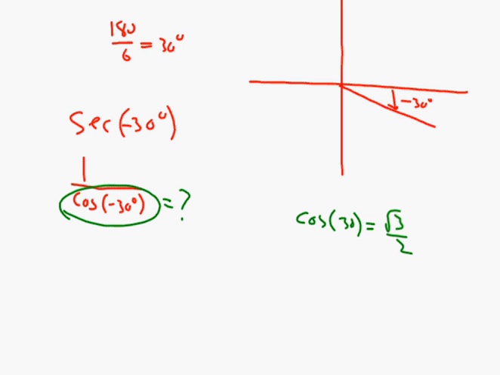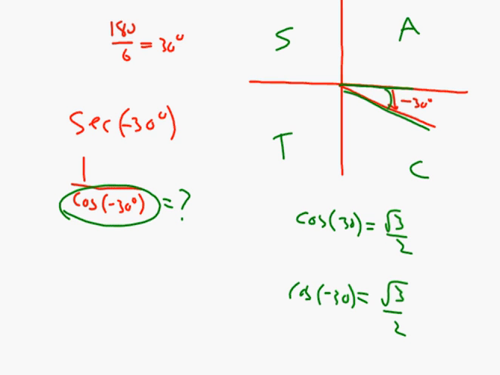Now, why am I asking that question? Well, the reference angle, the angle this thing makes with the x-axis, is 30. So it's going to have the same absolute value as the cosine of 30. However, we need to ask ourselves, is it going to be positive or negative? Well, we know this little trick, right? All students take calculus. The C means that cosine's positive in the fourth quadrant. So the answer to the cosine of negative 30 is also positive rad 3 over 2.